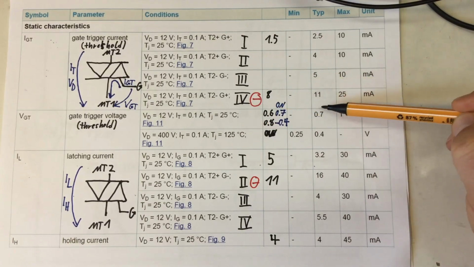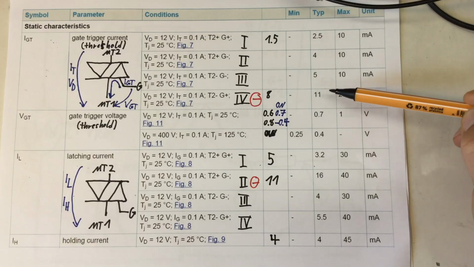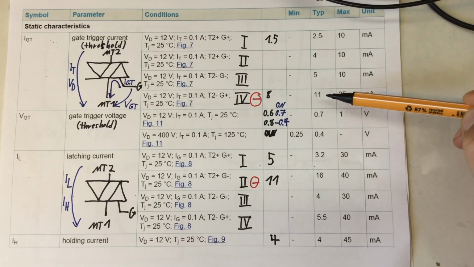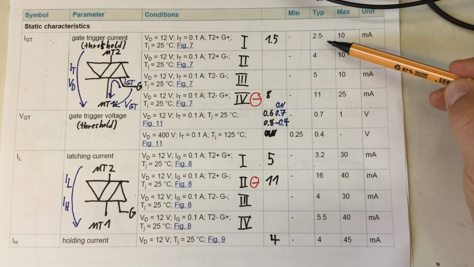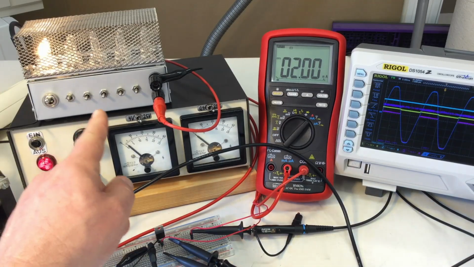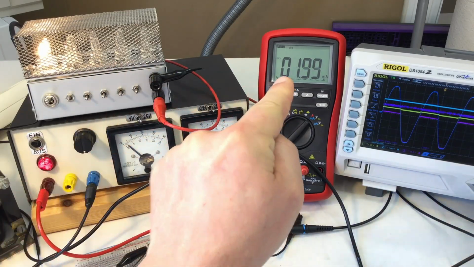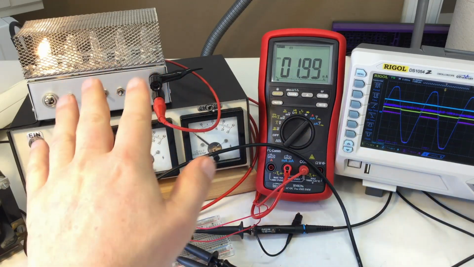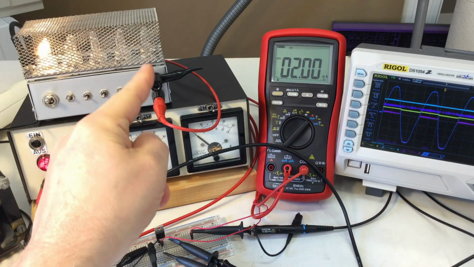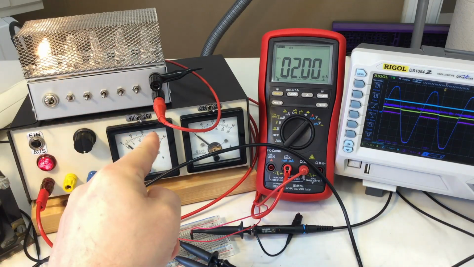It needs a whole lot more power, that is current, to the gate to switch on. That is, with just 2 milliamps through the gate, I'm only switching on for the positive half wave.